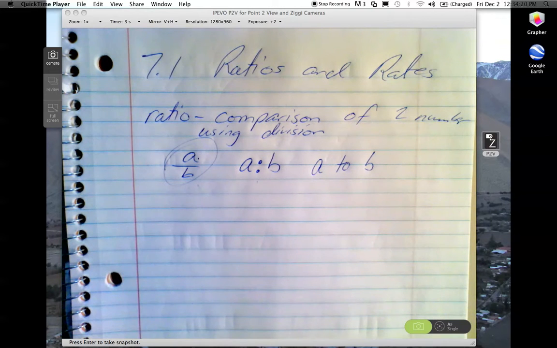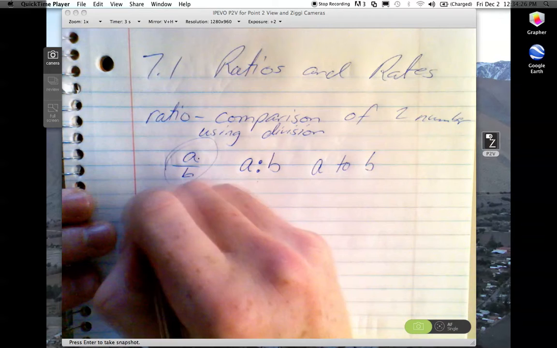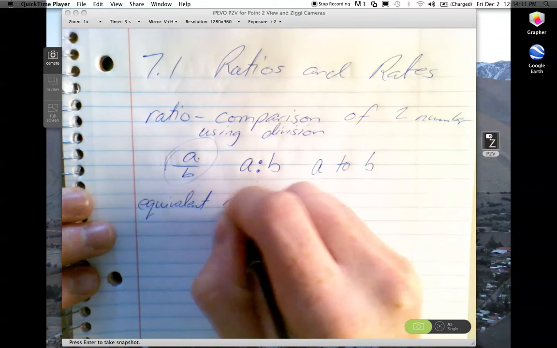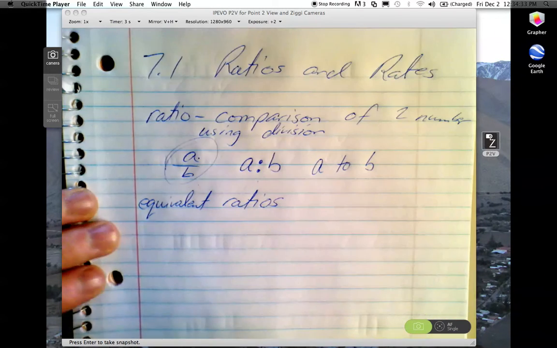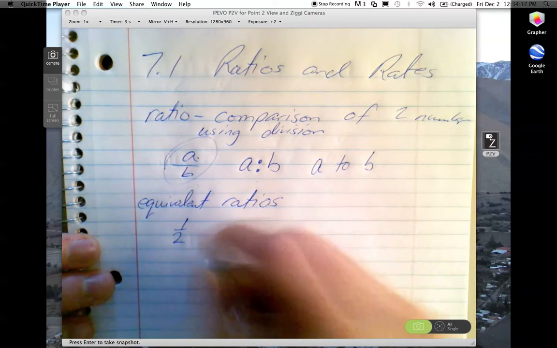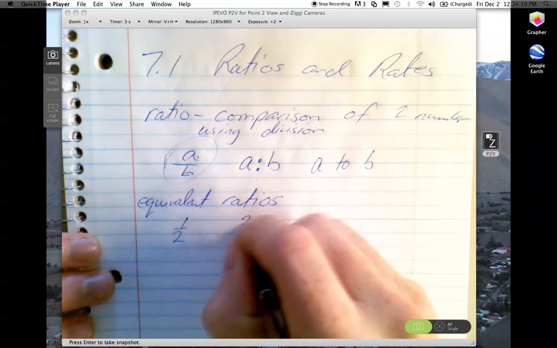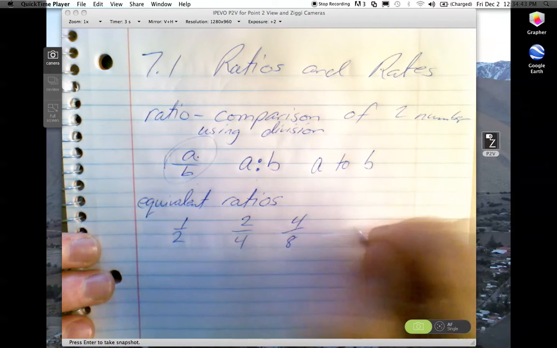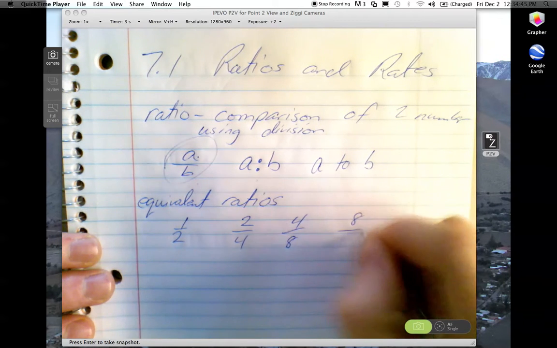Now, if two ratios are equal to each other, then they are called equivalent ratios. An example of an equivalent ratio would be 1 over 2, 2 over 4, 4 over 8, 8 over 16.